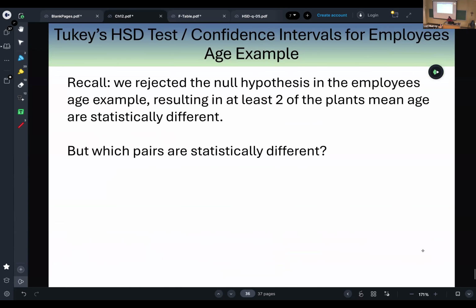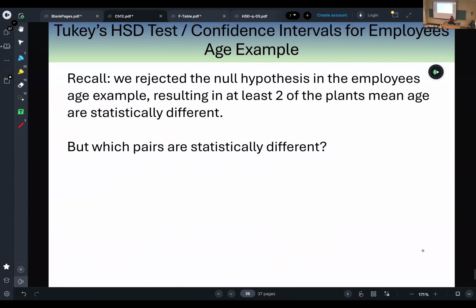So recall that we rejected the null hypothesis in the employee's age example, and we concluded that at least 2 of the plant mean ages are statistically different, but which pairs? We'll check and see if plant 1 and 2 are different. So X bar 1 equals 28.2, I believe.